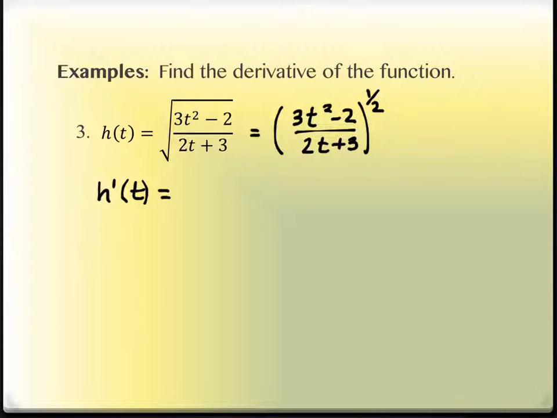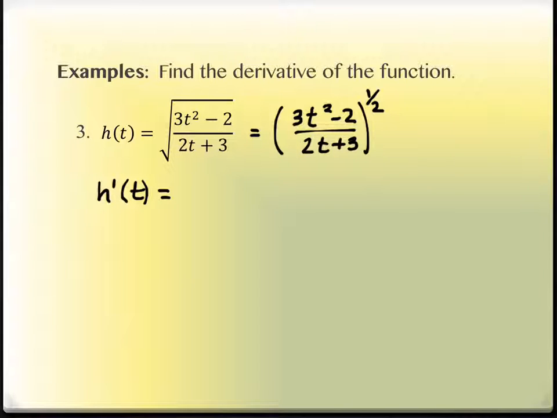There is another option. Did anyone think of something different than what I just said when you first looked at this problem? Well, we will have a chain rule on the problem, but there is a different way to do the chain rule. No, good try. Sometimes people will distribute that 1/2 power.